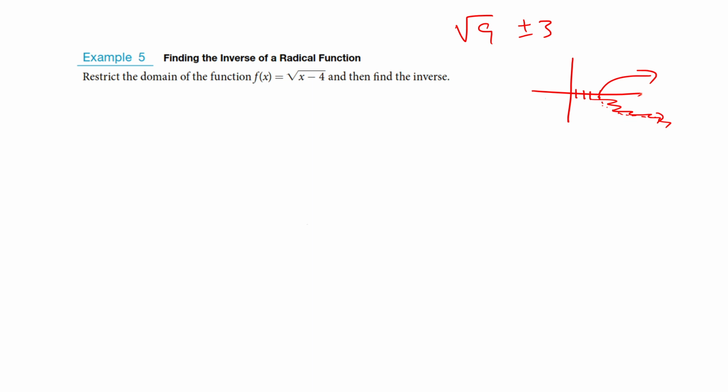Now, let me show you what happens when we change the x's and the y's. Now I would square both sides here, since the problem area is isolated. I would square both sides. Now I'm going to send this over to the other side. Now, this is actually okay.